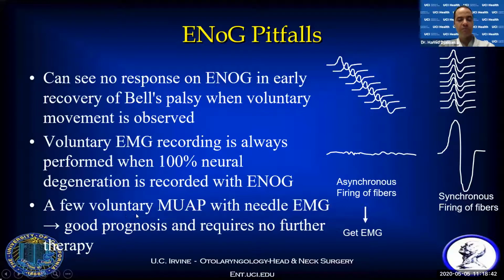Now, if you have even a single motor unit action potential with a needle EMG, then that means that the nerve's intact. Of course your needle isn't going to pick up the entire muscle. It's just going to pick up all the little muscle and nerves that are near the needle. So all you need is a single one, and that's all that is necessary to be able to say, okay, this nerve's intact, it's not cut, let's just leave this patient be and it's going to recover.